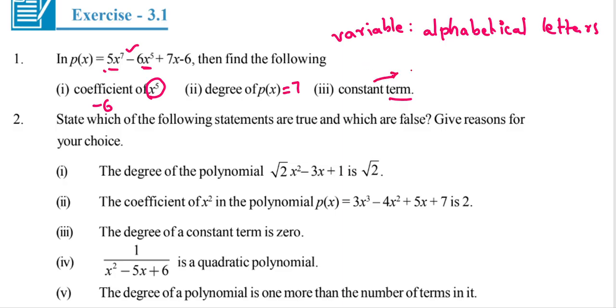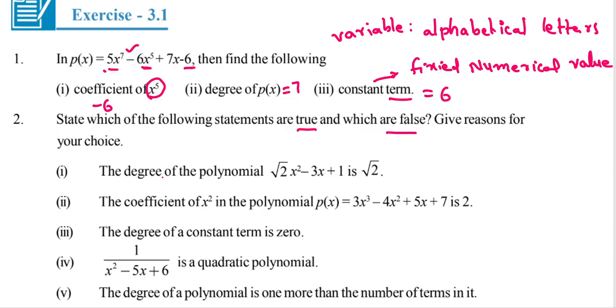Constant term is a fixed numerical value. What is the fixed numerical value here? That is 6. In this polynomial, the fixed number is 6, and this value does not change. Understand? Now we have to say which is the true statement, which is false, and give the reason.